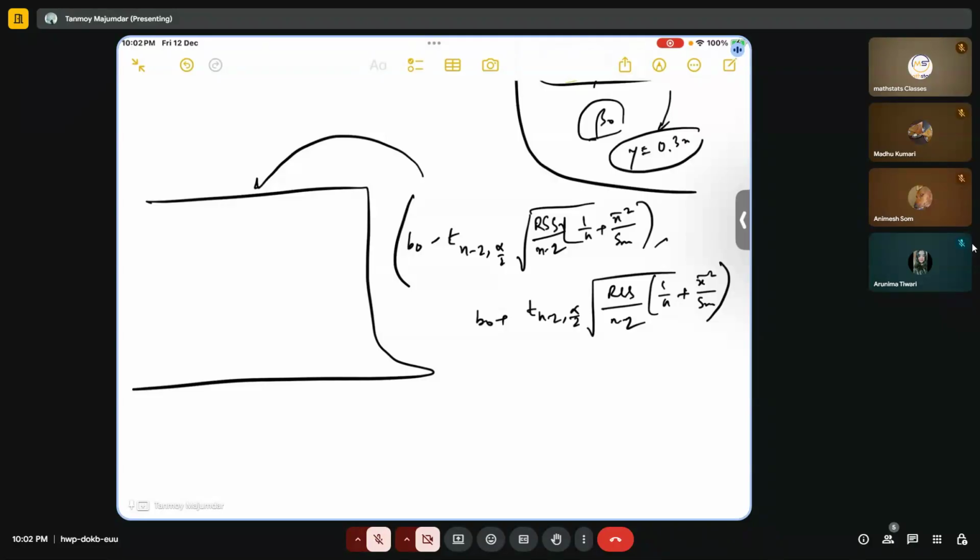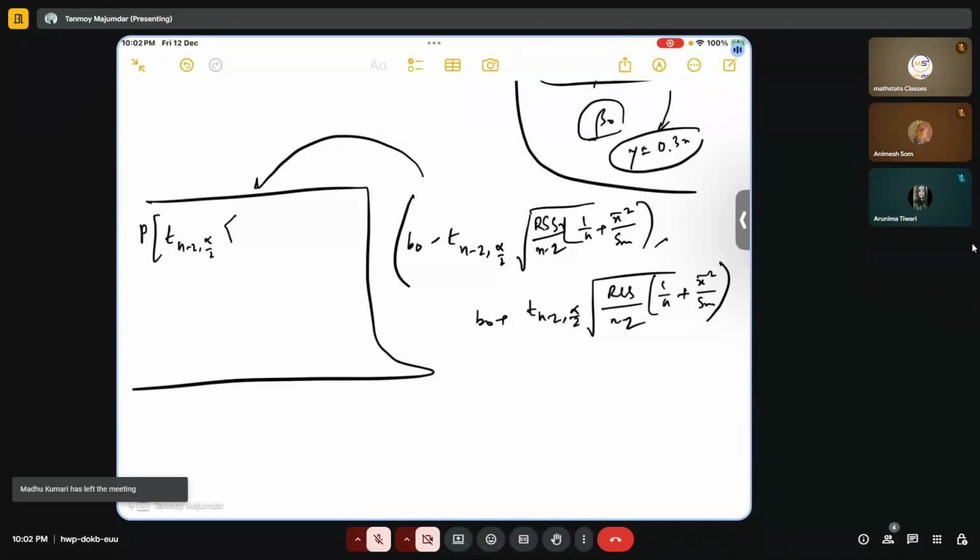So basically what happens, we consider an interval that is probability of t distribution for alpha by 2, and we can have that thing. Okay, so t should be less than or equal to this thing, and if we consider t less than t n minus 2 1 minus alpha by 2, that thing should be 1 minus alpha.